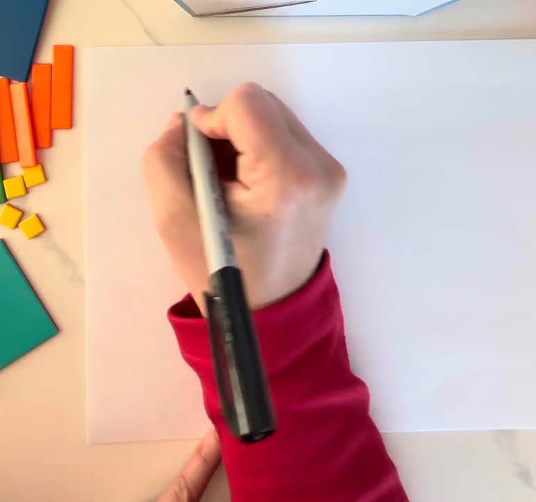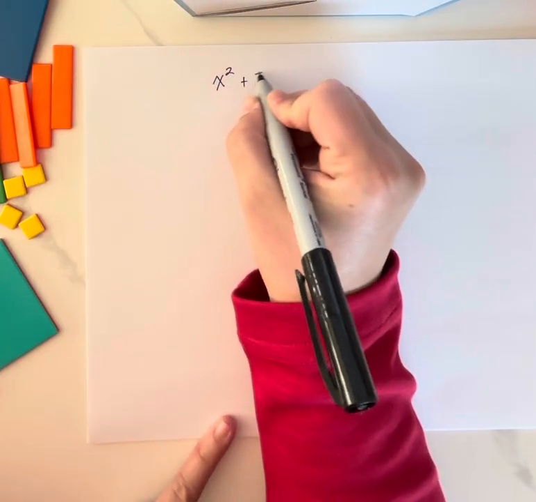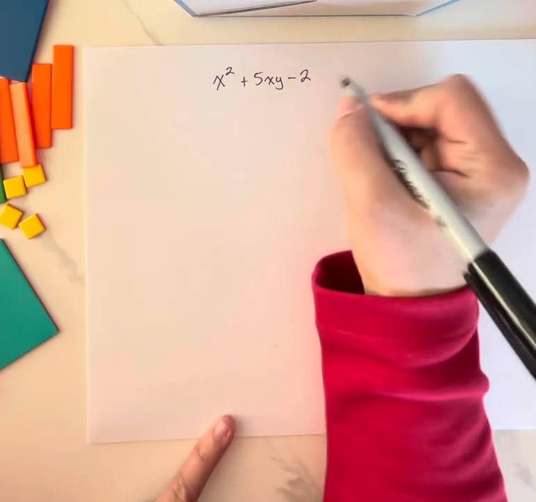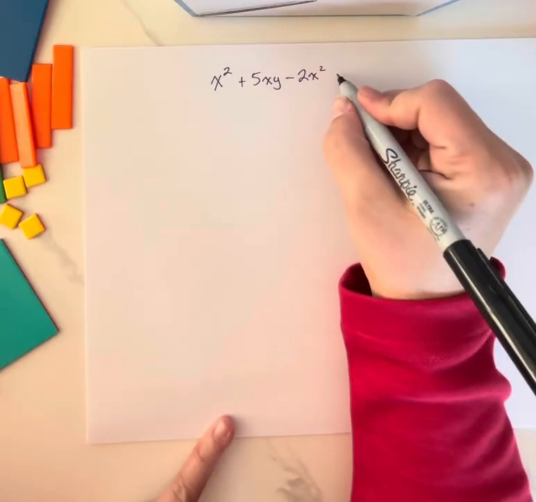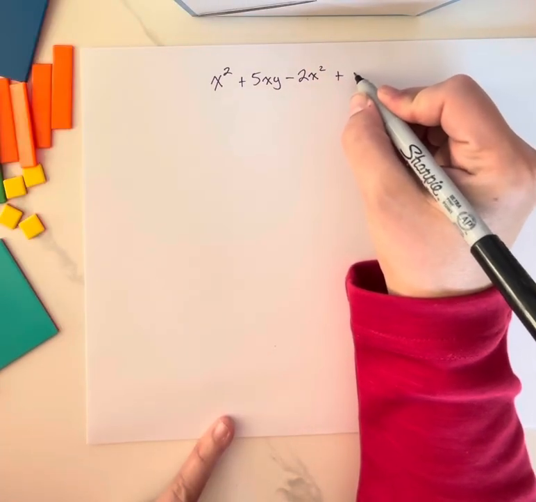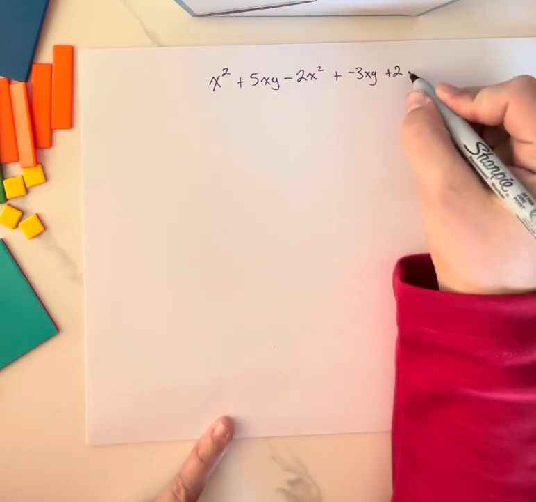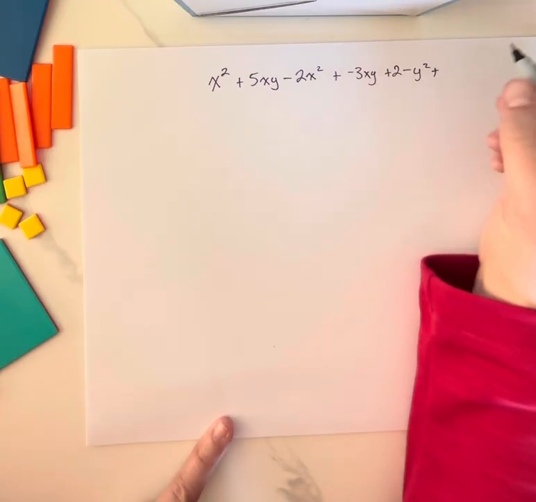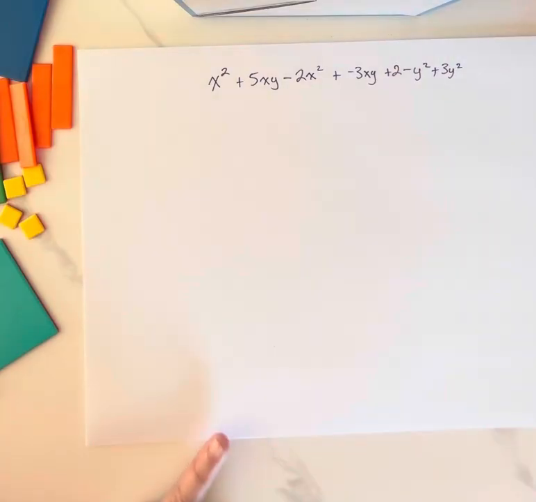So let's say we have x squared plus 5xy minus 2x squared plus, I don't know, negative 3xy plus 2 minus y squared plus 3y squared. Sure, that works.